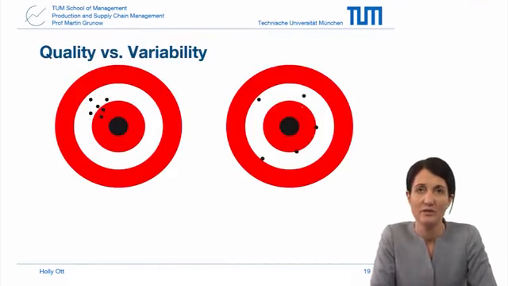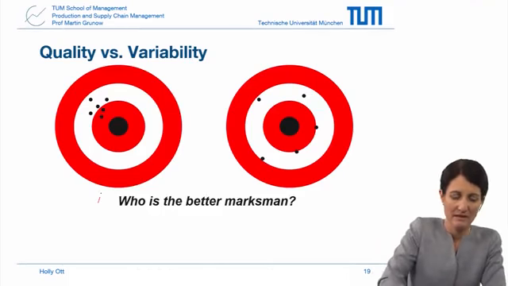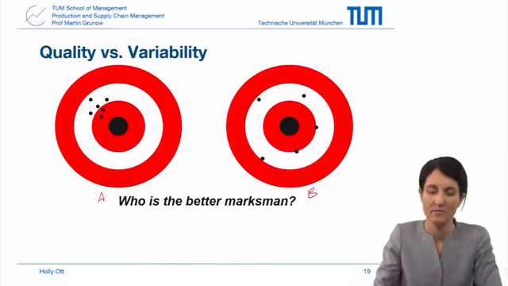A last note on the difference between quality and variability. Now here I have two bullseyes and two sharpshooters. Who is the better marksman? Is it marksman A or is it marksman B? What would you say?